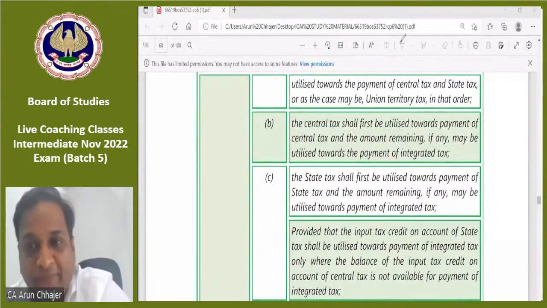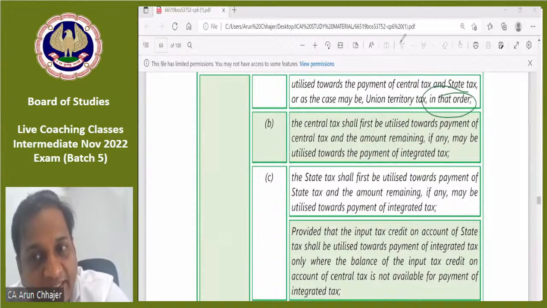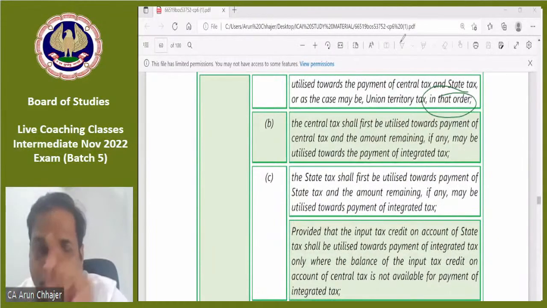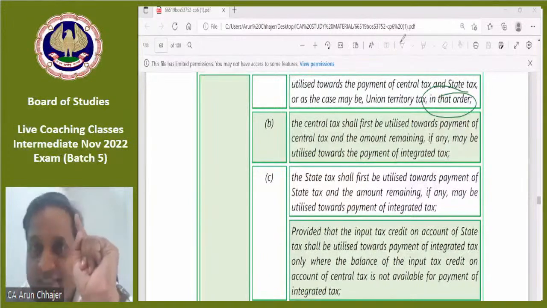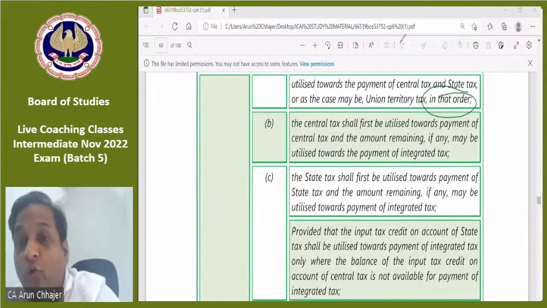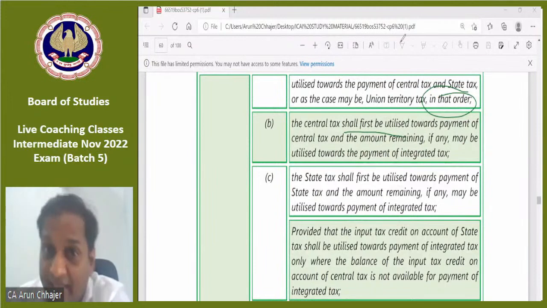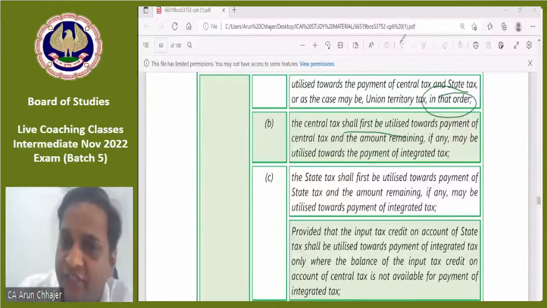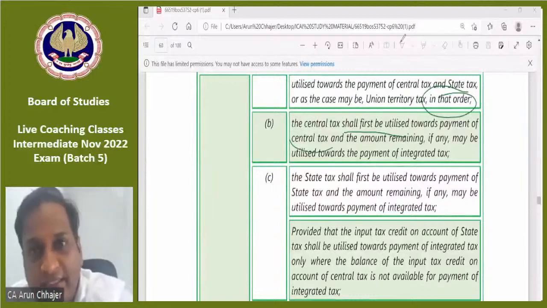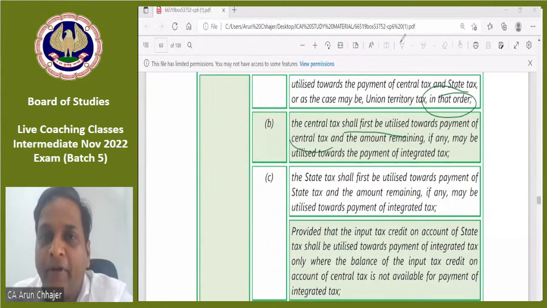Coming to clause B, the central tax. Now we are talking about the CGST ITC. In clause A, we discussed IGST ITC. In clause B, CGST ITC shall be first utilized towards the central tax, and the amount remaining, if any, may be utilized towards the payment of IGST.